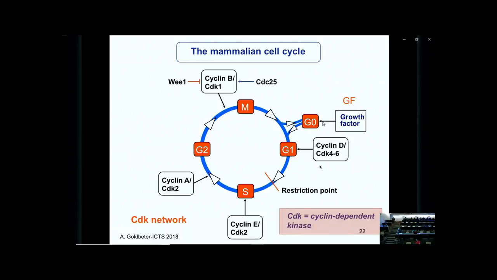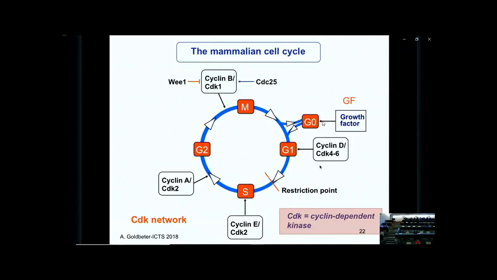This has to be contrasted with the work of Tyson and Novak, who focused on the role of cell mass. And this is rightly so for yeast, for example, where the increase in cell mass is driving the cell division process. In mammalian cells, it seems that it is not as much the cell mass which is driving the process as the growth factor level.